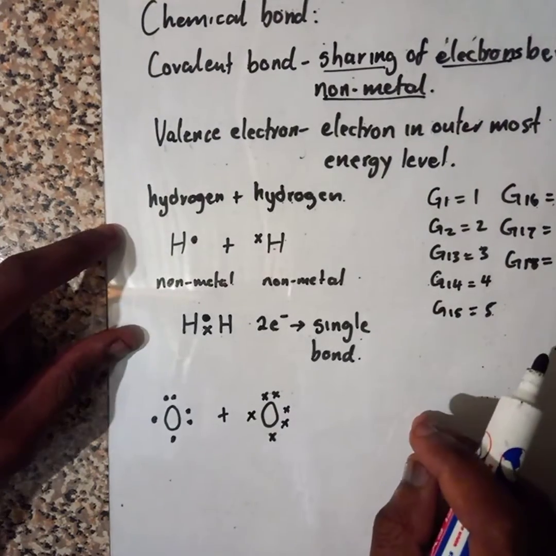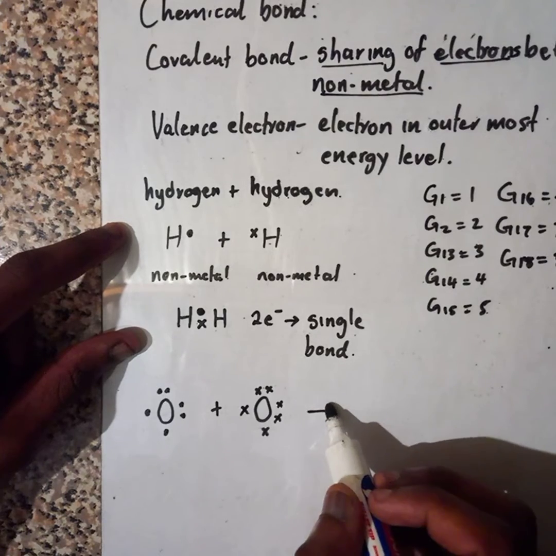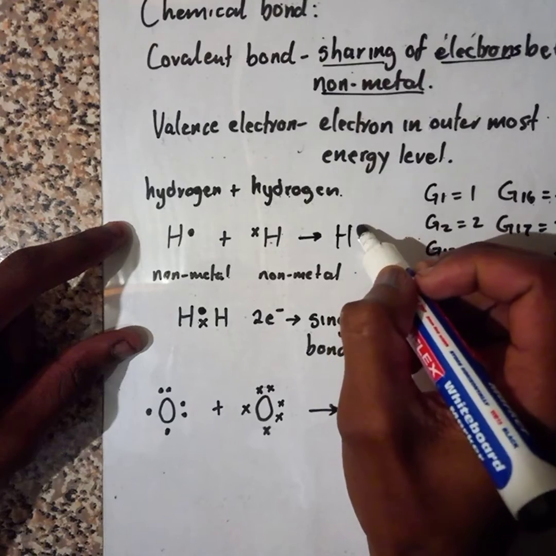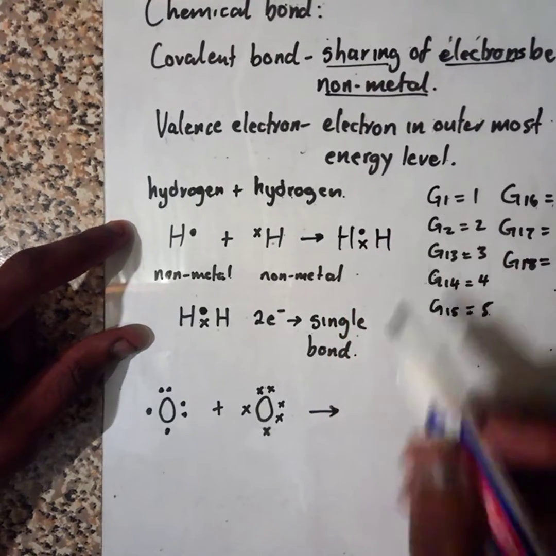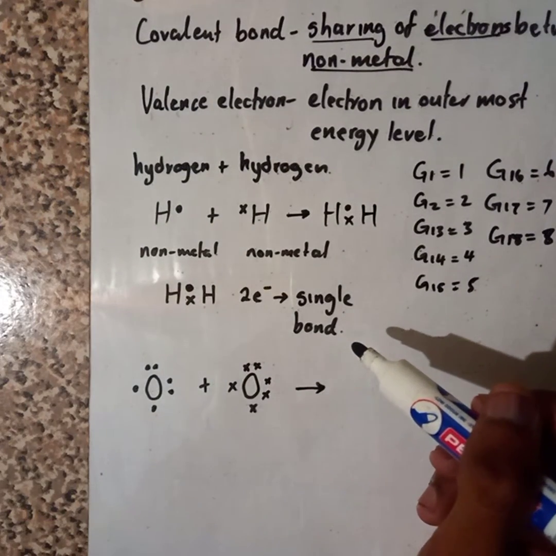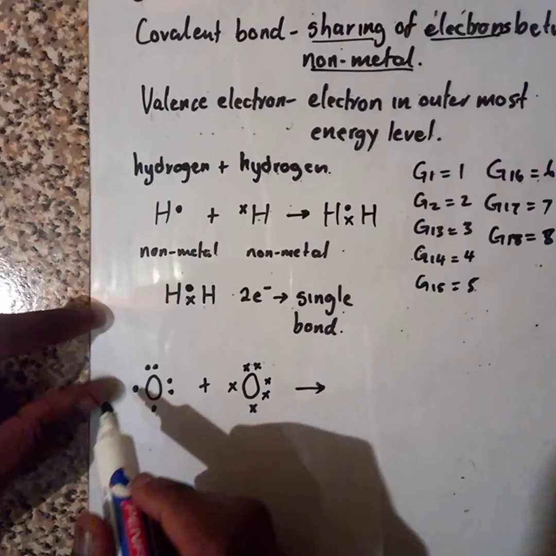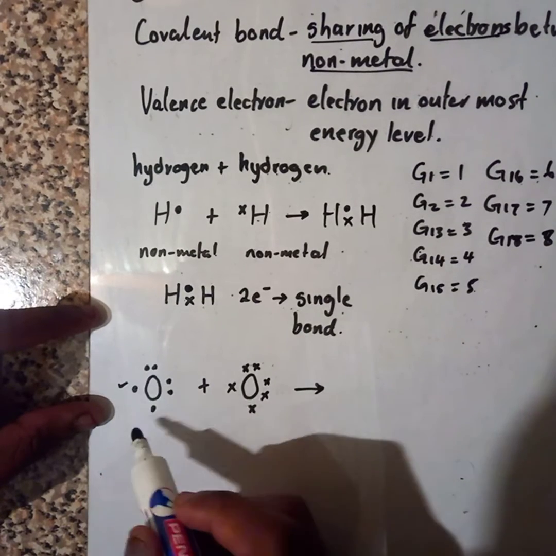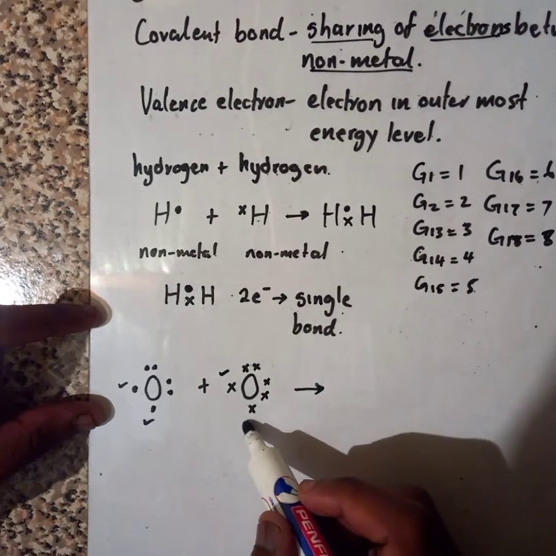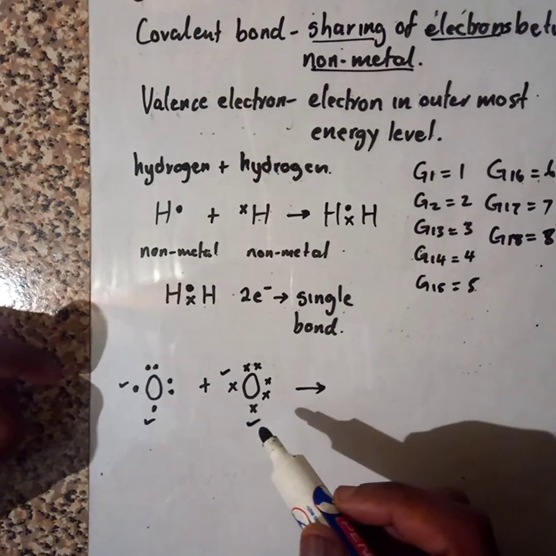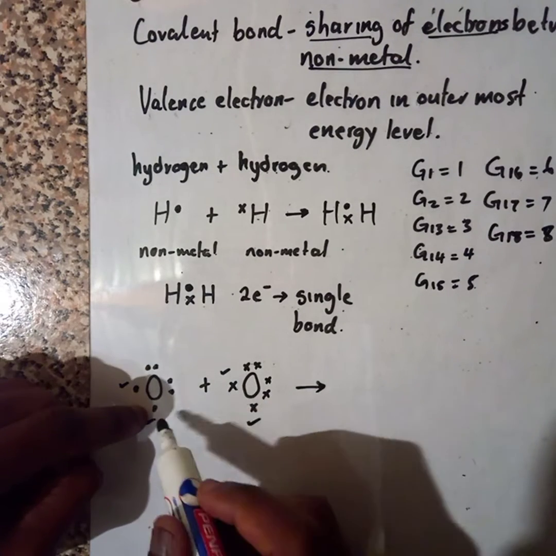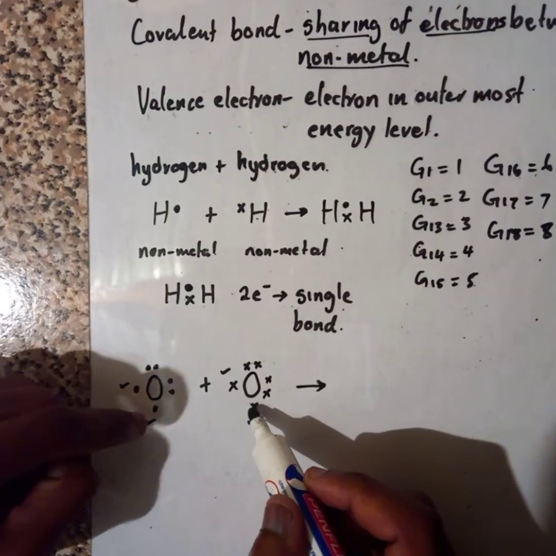How then are we going to write the Lewis diagram for the 2 combined? It's so simple. We have an unpaired electron, this one together with this one. On this side, we have this one together with this one. That means this will pair with this, therefore this will pair with this.